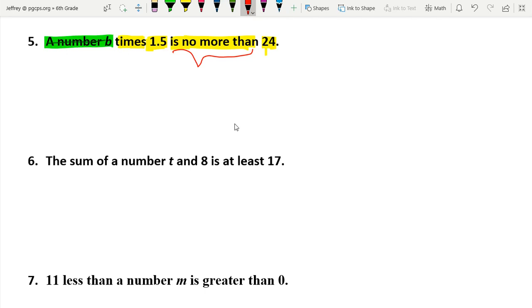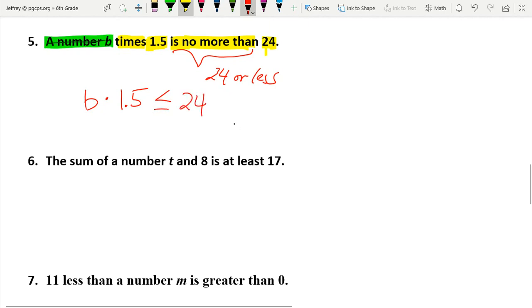Absolutely. That means it's 24 or less. So that means a number B times 1.5 is no more than, so it's 24 or less than 24. So less than or equal to 24. So how should we simplify these?